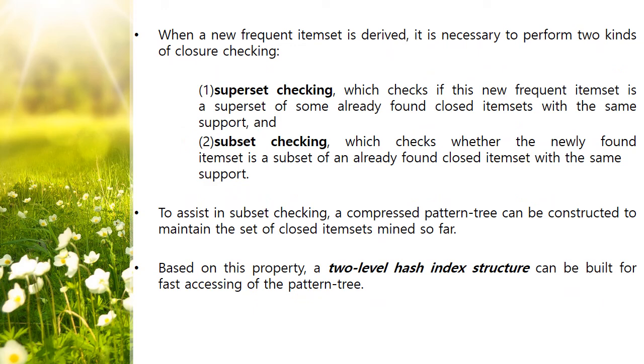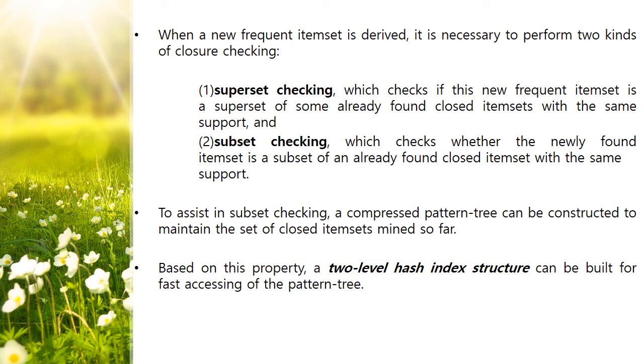When a new frequent item set is derived, it is necessary to perform two kinds of closure checking. So after finding the frequent item set, we do some closure checking. The first one is superset checking and the second one is subset checking. Superset checking checks if this new frequent item set is a superset of some already found closed item sets with the same support.